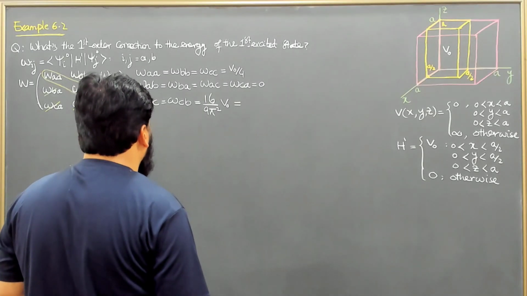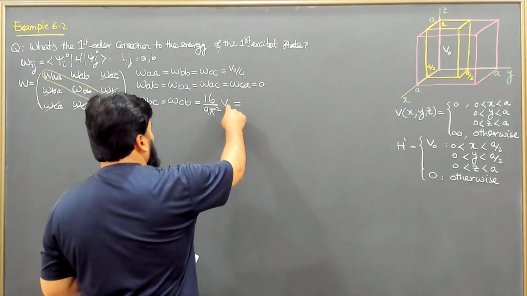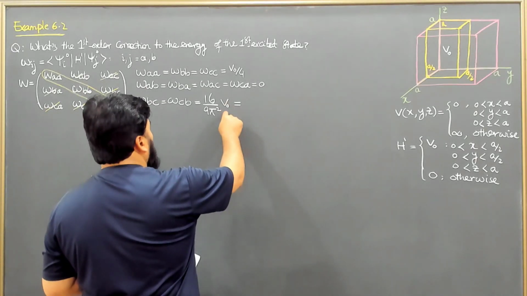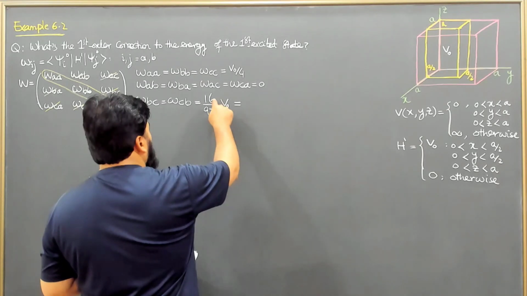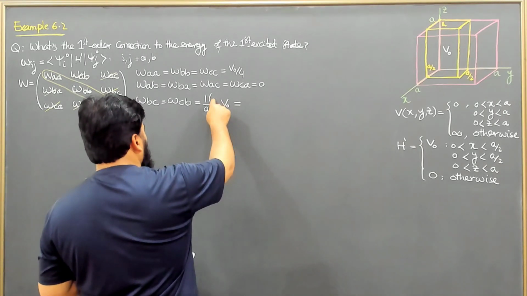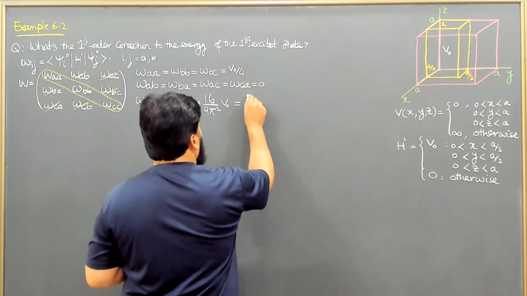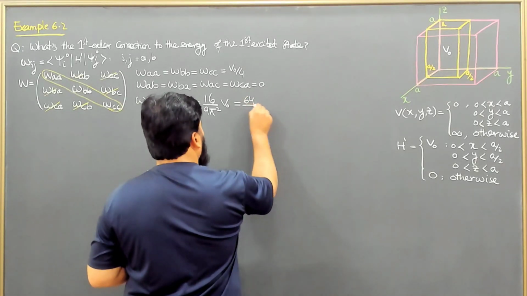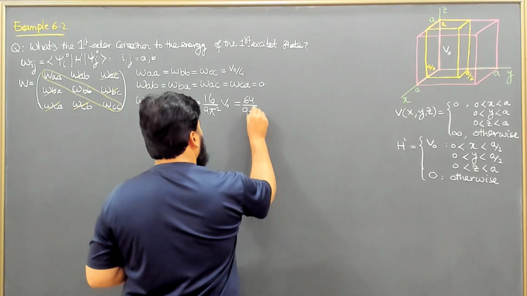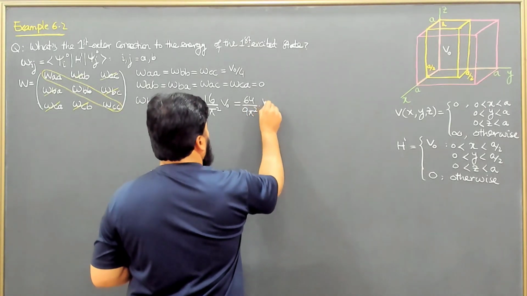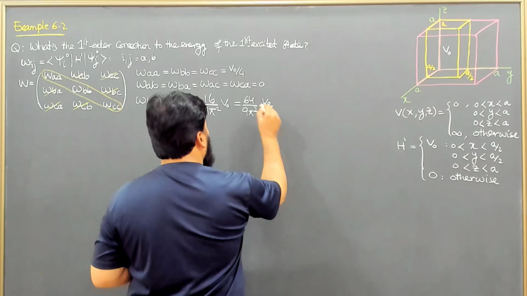So I will multiply it with 4 and divide by 4. Multiplication by 4 will make this 64. So I can write that 64 over 9 pi squared and V naught over 4.